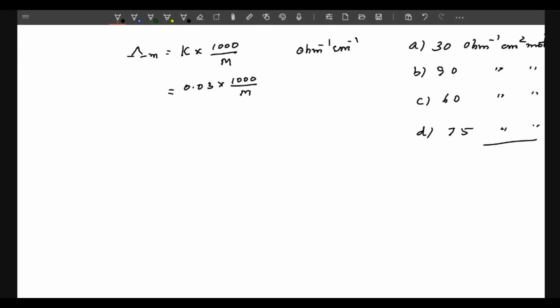Molarity is the number of moles present in 1 liter of the solution, but in our case 2 liter of the solution consists of only 1 mole. Therefore, 1 liter of the solution would consist of 0.5 mole. Therefore, here you have to convert that into 0.5. Don't be in a hassle, otherwise you will end up with an error.